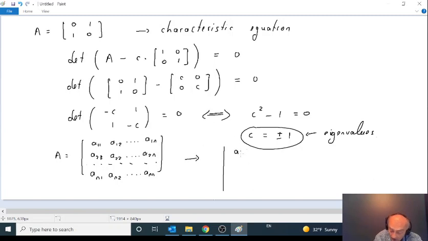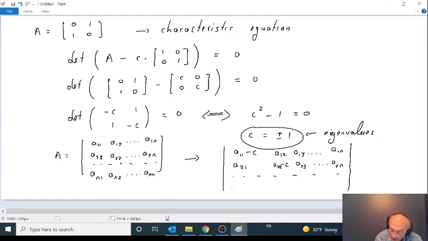When you subtract, you get A11 minus C, so you subtract C from the diagonal and leave the other entries the way they are, A12, A13, dot, dot, dot, A1n. And then the next row is A21, A22 minus C, A23, dot, dot, dot, A2n, and so on.